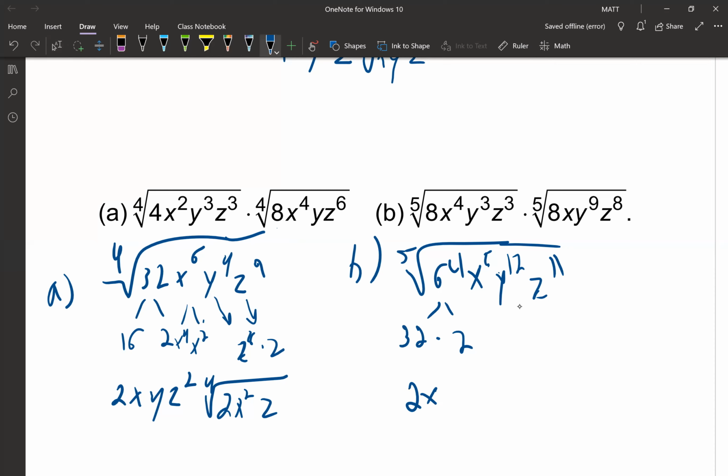Y to the 12th is the same thing as y to the 10th multiplied by y squared. Y to the 10th to the fifth root is y squared. And then z to the 11th splits off into z and z to the 10th, right? Z to the 10th to the fifth root is z squared. And then to the fifth root, everything we have left over, we have a 2, a y squared, and a z.